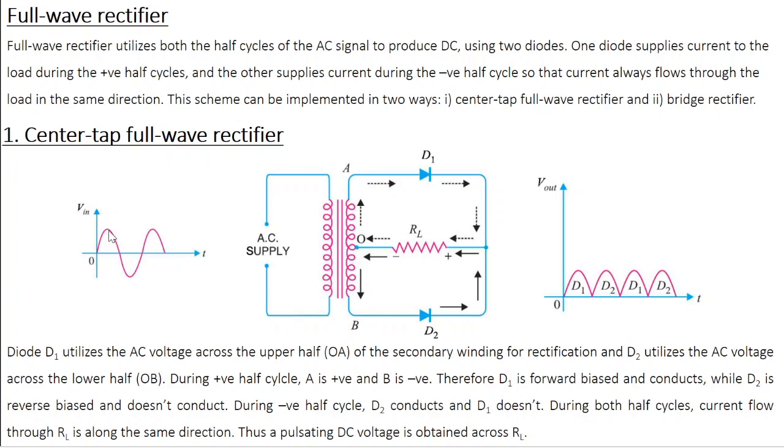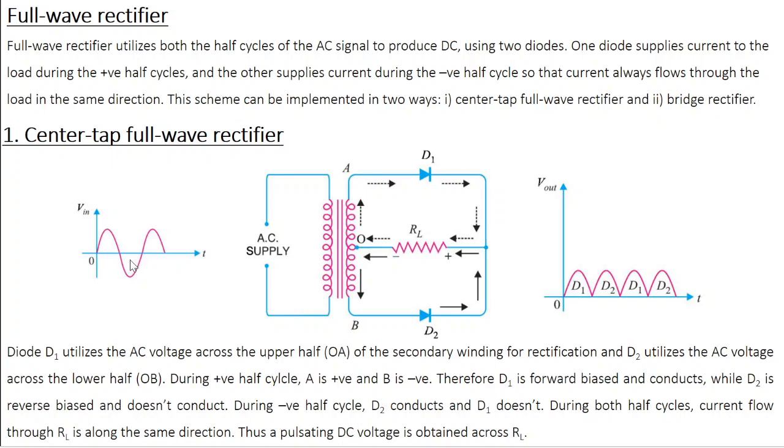During the positive half cycle, A is positive and B is negative. Now look at D1. The P side is connected to positive, whereas in the case of D2, the P side is connected to negative. In other words, D1 is forward biased and D2 is reverse biased. So D1 is going to conduct, so you get an output due to D1.